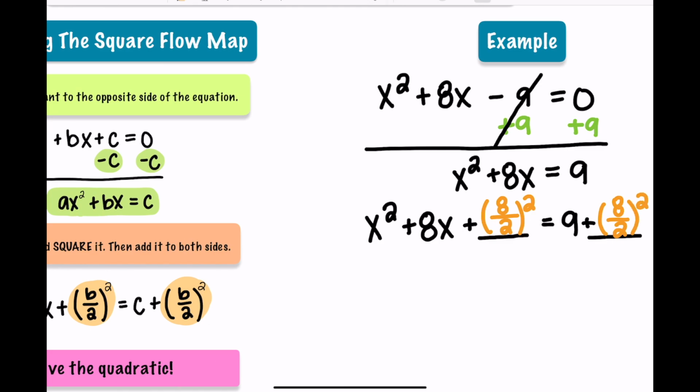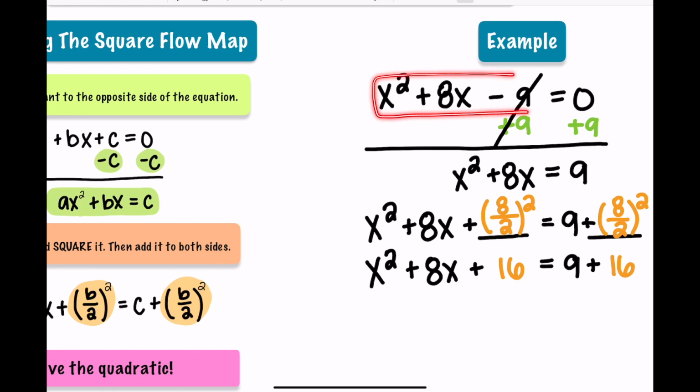When we simplify that, 8 divided by 2 is 4, and 4 squared is 16. So now what we've done is we took this original quadratic, moved the 9 over, and then we made a perfect square.